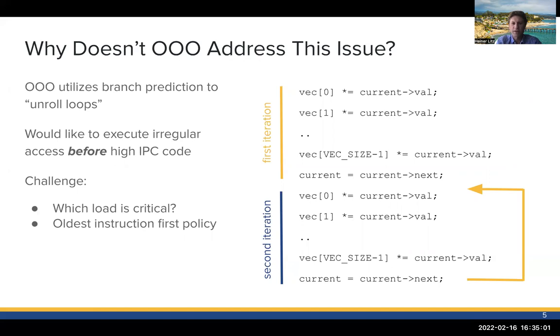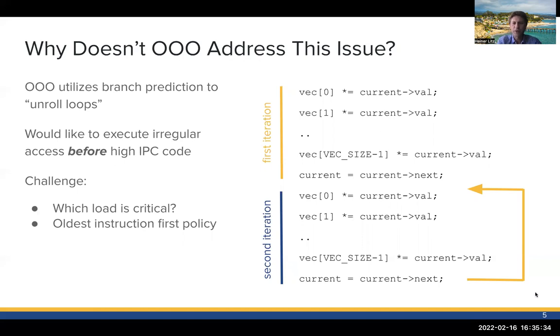And the reason, therefore, is that first, they don't know that this load down here is particularly critical. And second, they implement scheduling policies such as oldest instruction first, which make sure that while we're having sufficient ready high IPC instructions available in our reservation station, those will be issued first before the critical and long latency load will be issued down the CPU pipeline.